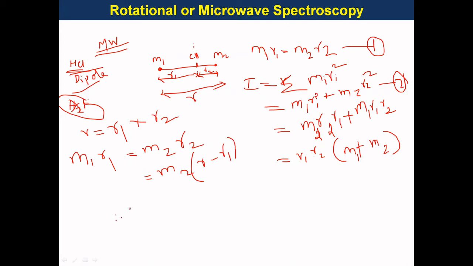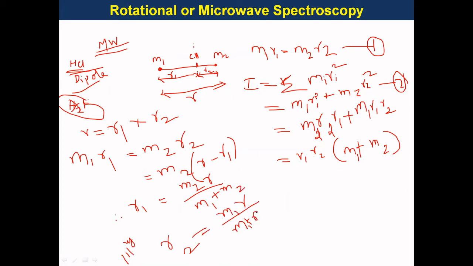Bringing m2 r1 to this side and taking r1 common, we get m1 plus m2 into r1 equals m2 r. So r1 is equal to m2 r by m1 plus m2. Similarly, r2 is m1 r divided by m1 plus m2.